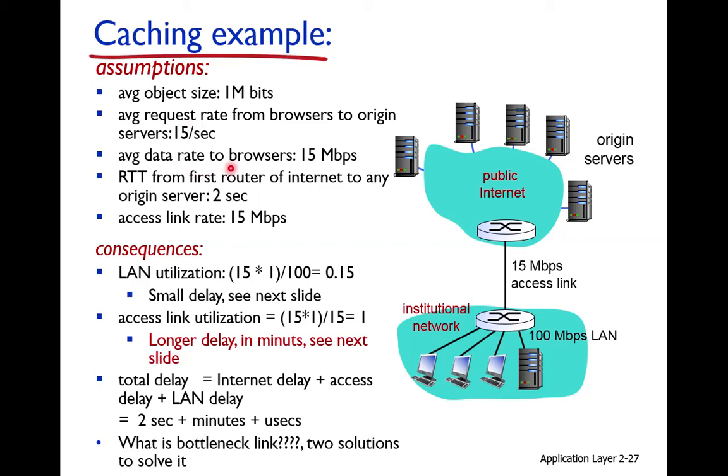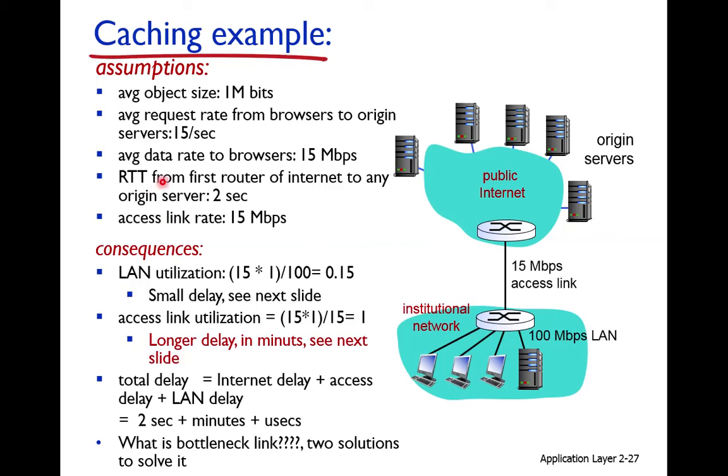And the average data rate to the browser: when you send a request for an object, the object will be returned by the server. Since there are 15 requests per second, and each request is for an object, and each object is 1 MB, there are 15 MB of objects coming from the server.